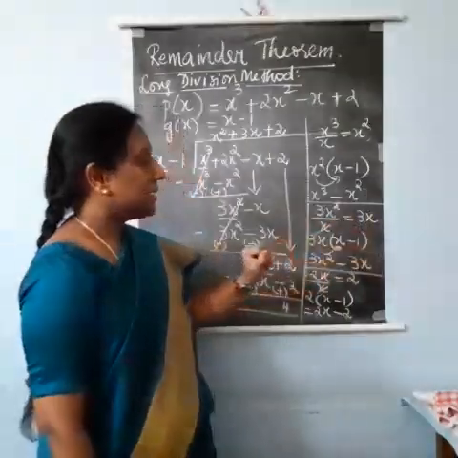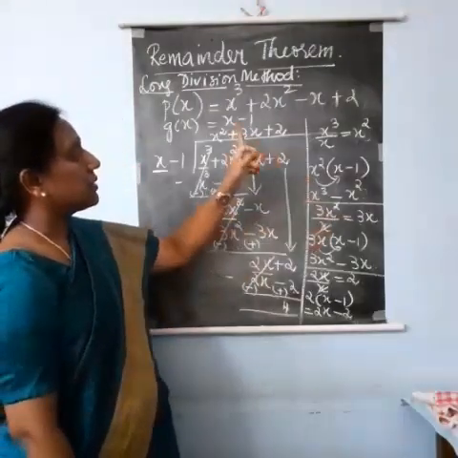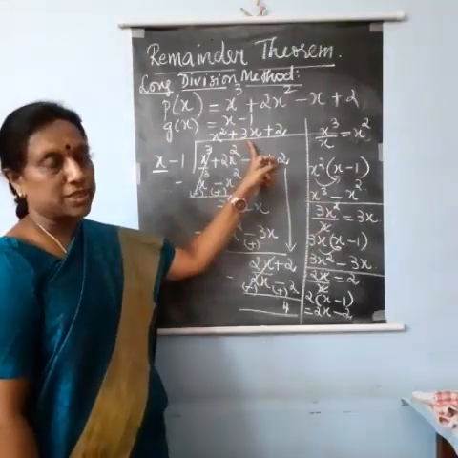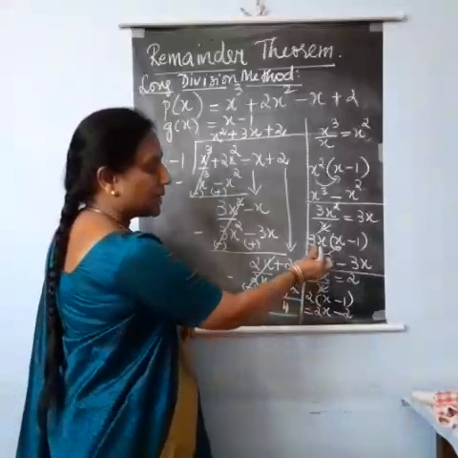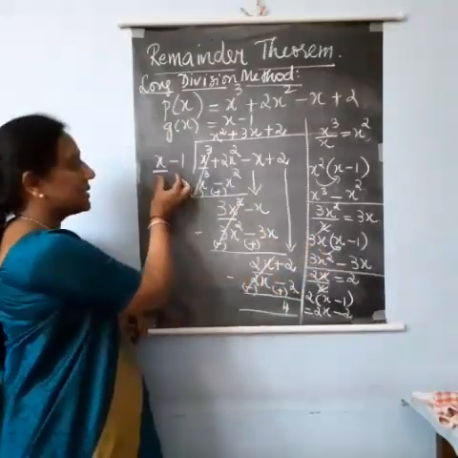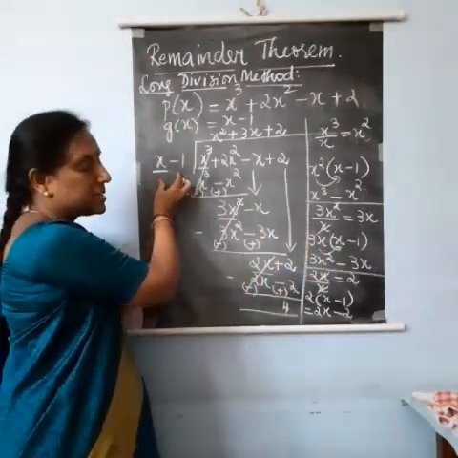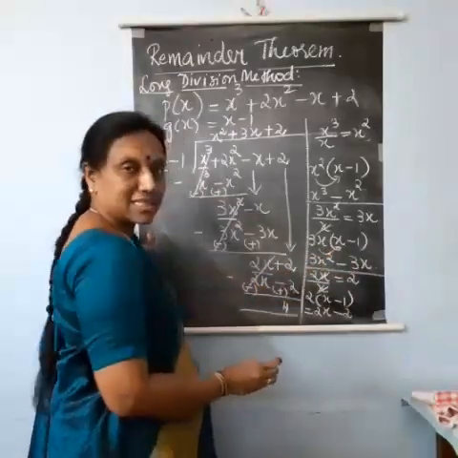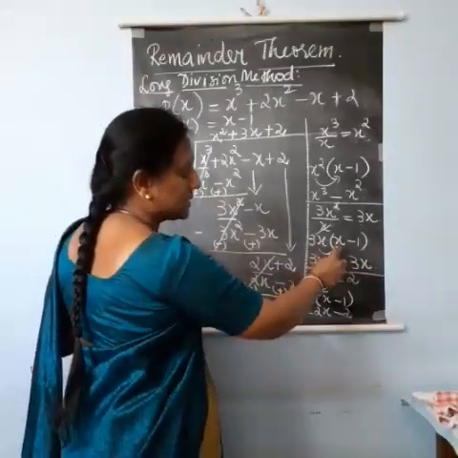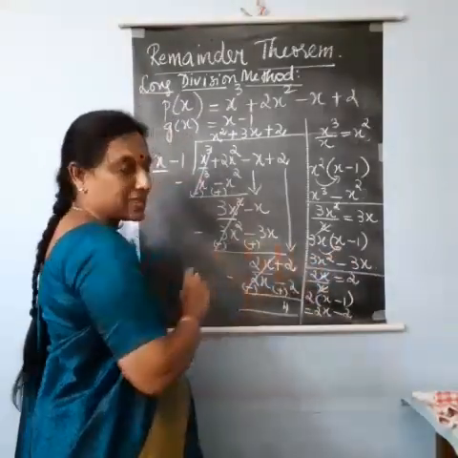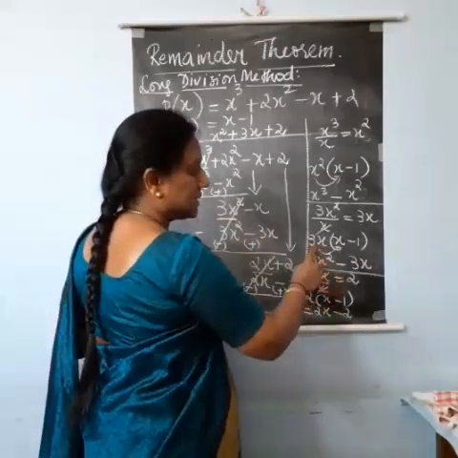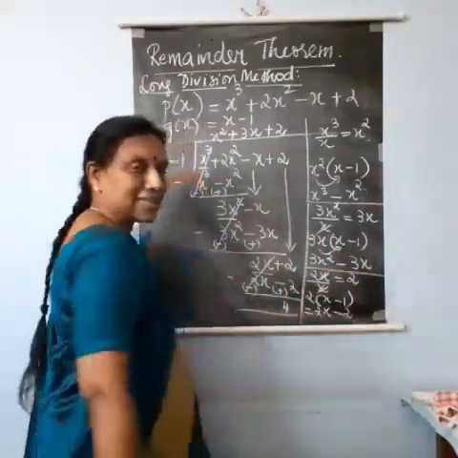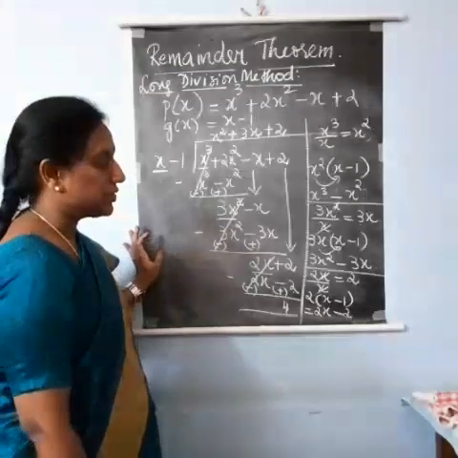Now write 3x on the top for the quotient. Then multiply 3x by the entire divisor. When you multiply 3x by the entire divisor, what happens? 3x into x will become 3x squared, minus 3x into 1 will be 3x. Okay, that is the distributive property.